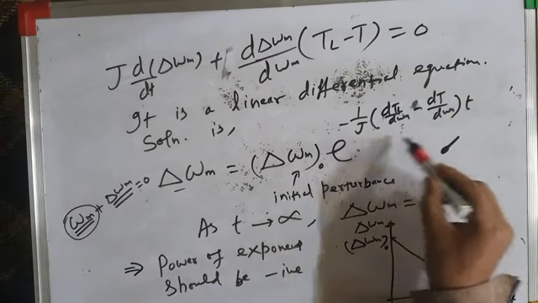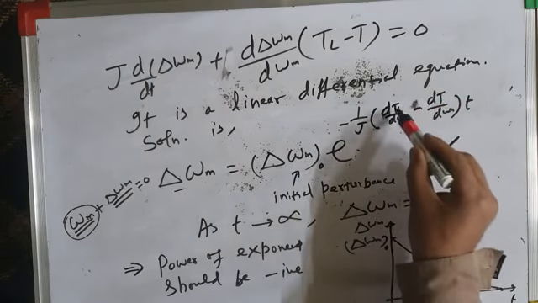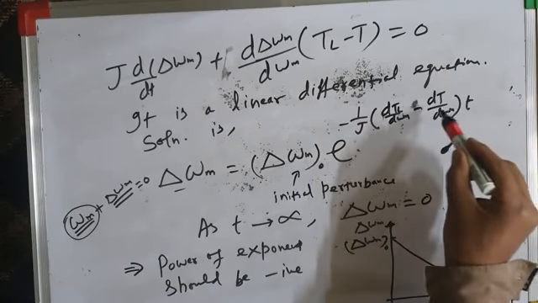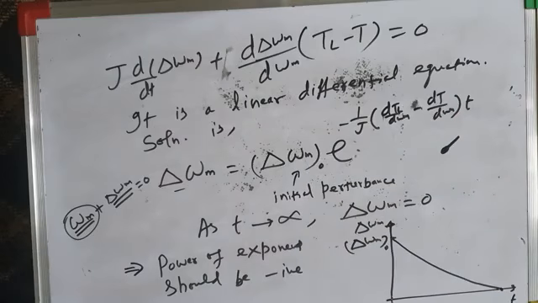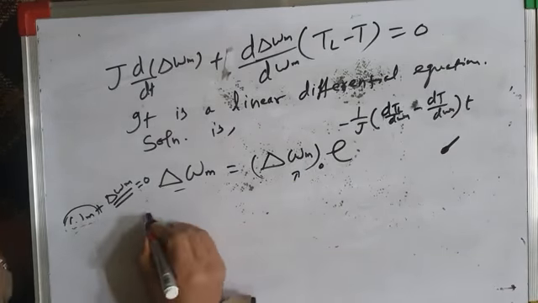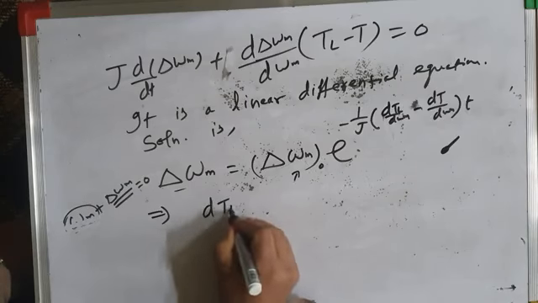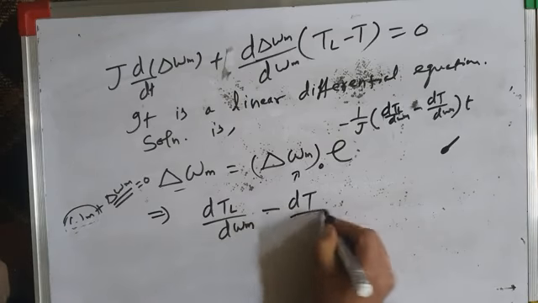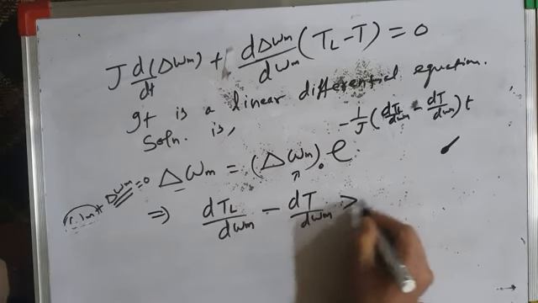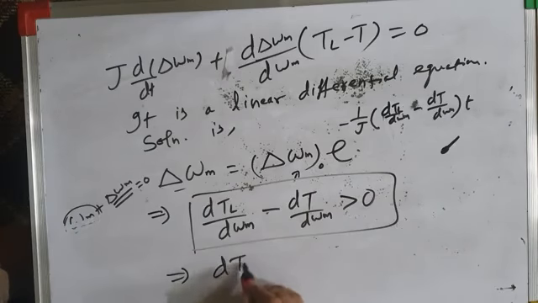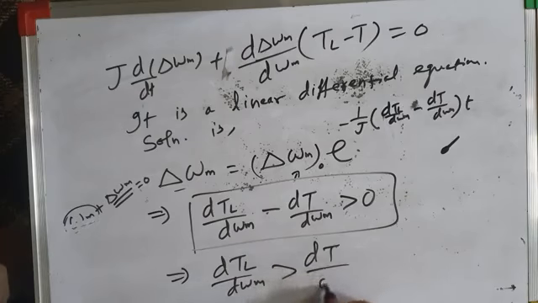Now when will the power of this exponent be negative? When this term is greater than this term. That means dTL by d omega m is greater than dTe by d omega m. So this is possible only when dTL by d omega m minus dTe by d omega m is greater than 0, which also means dTL by d omega m should be greater than dTe by d omega m.